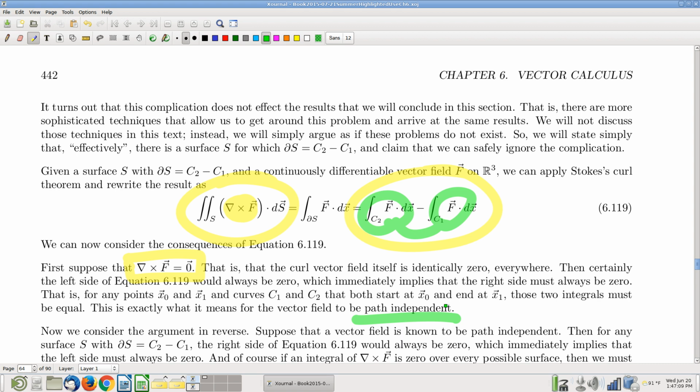How could we have a vector field whose flux is always 0 no matter what surface you pick? The curl of the vector field has to be 0. So, again, assuming all regularity, no issues with points, things not defined, nothing like that, path independence is simultaneous with the curl being 0.